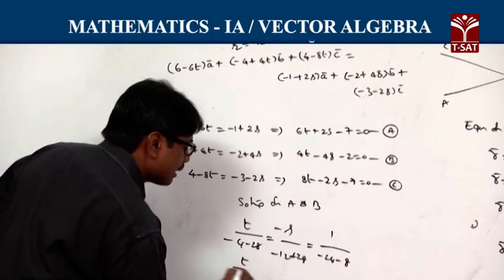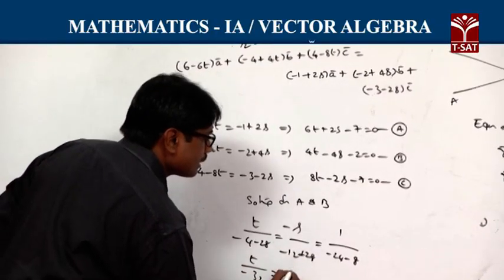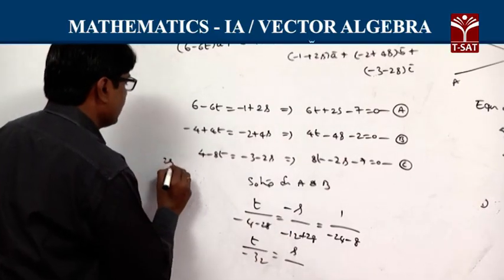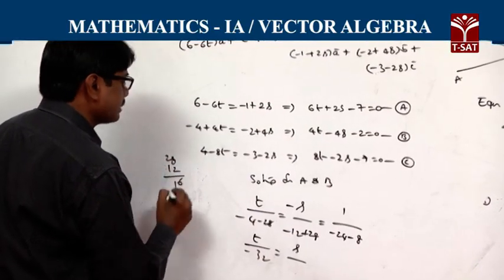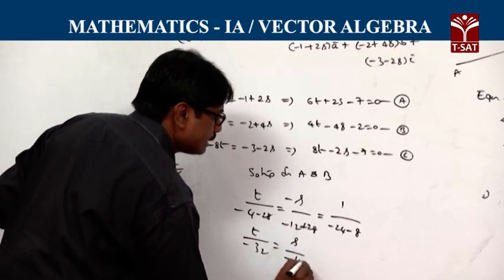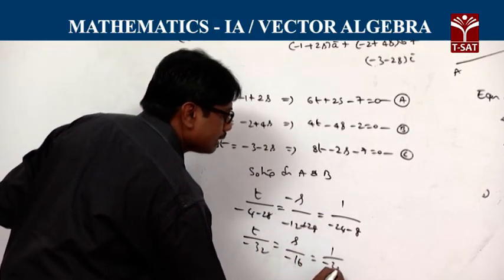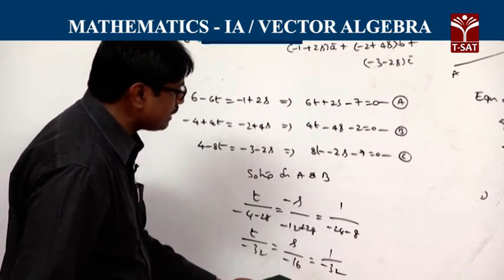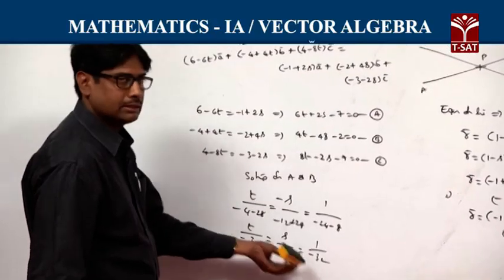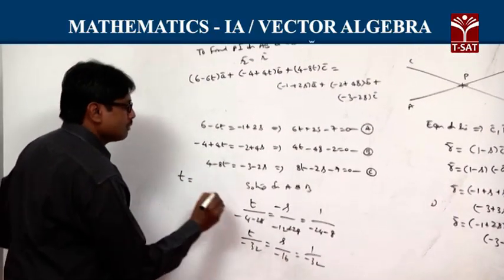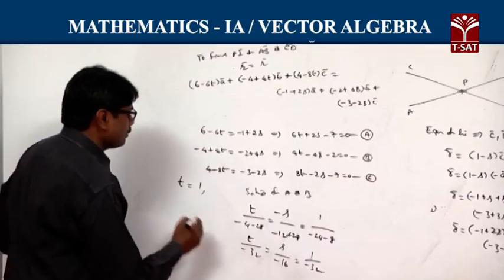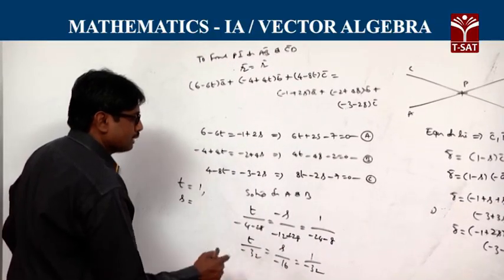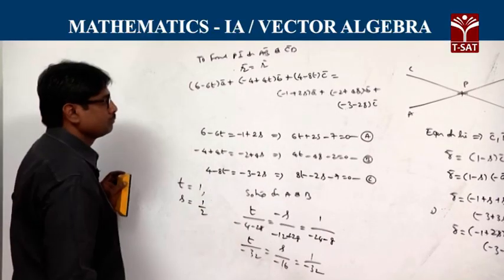So, t divided by minus 32 is equal to s divided by 28 minus 12, 28 minus 12 will be is equal to 16, and 1 by minus 32. T divided by minus 32, s divided by minus 16, 1 divided by minus 32. So, we got t is equal to minus 32 by minus 32, that is 1, and s is equal to minus 16 by minus 32, that is 1 by 2.